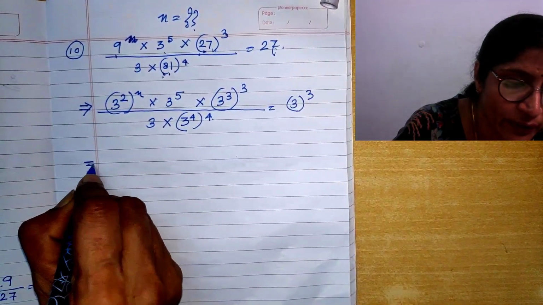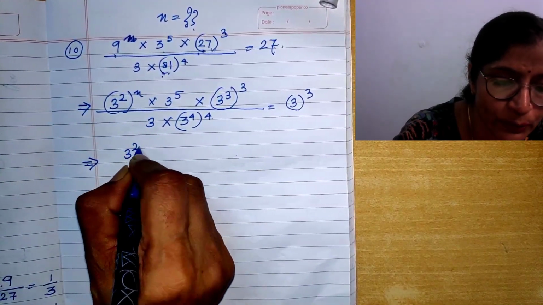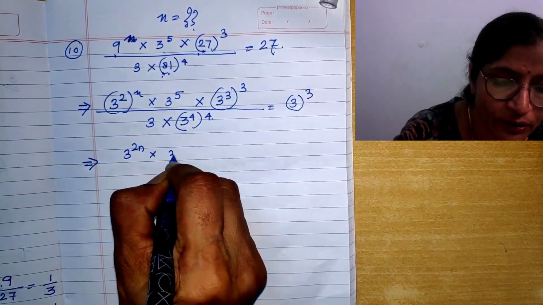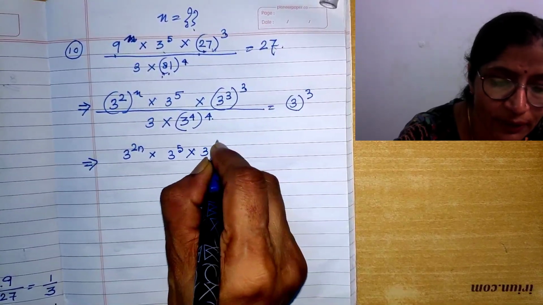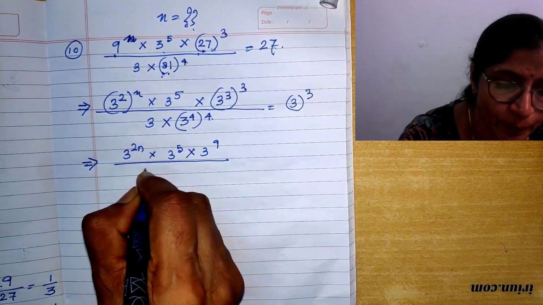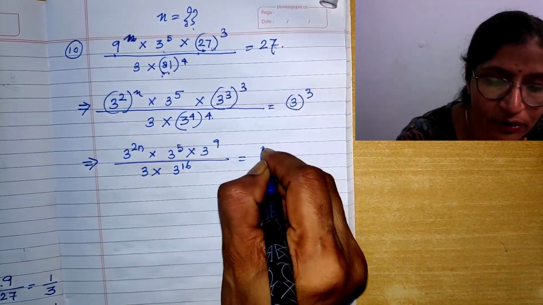So now this is 3 to the power 2n into 3 to the power 5 into 3 to the power 9, divided by 3 into 3 to the power 16, is equal to 3 to the power 3.